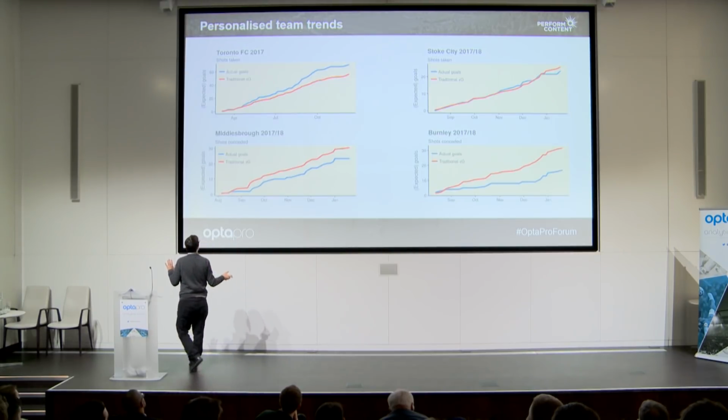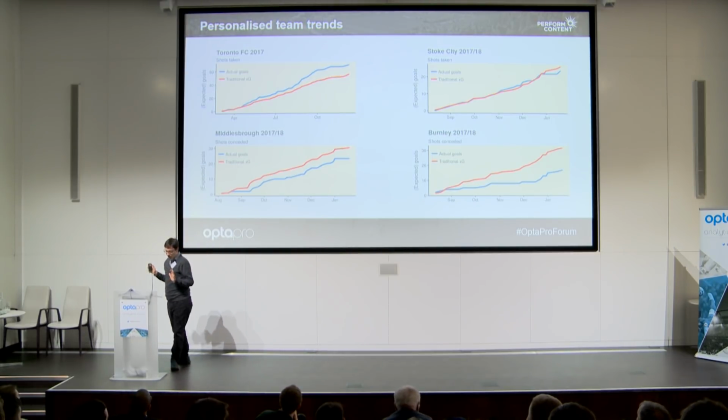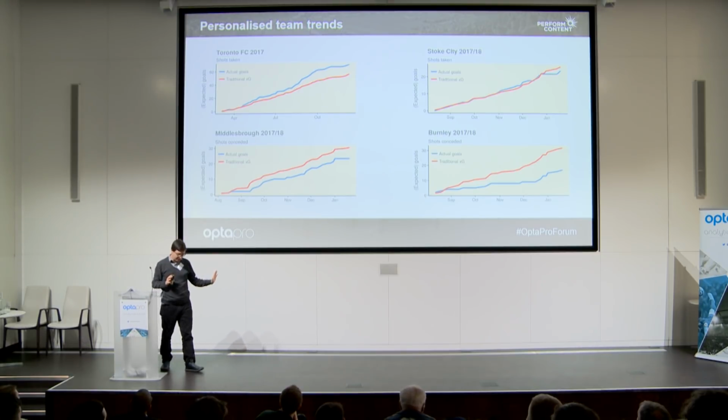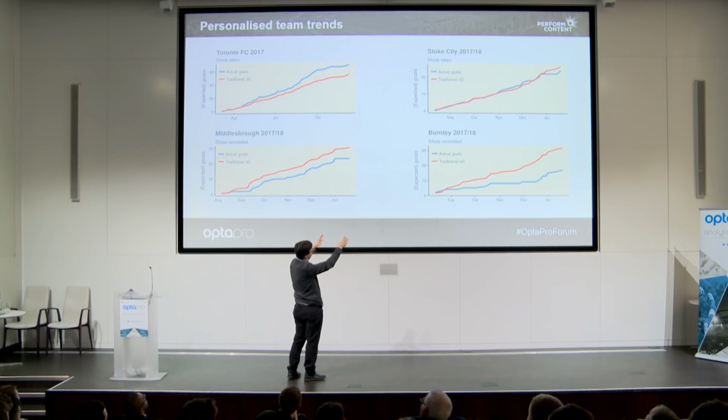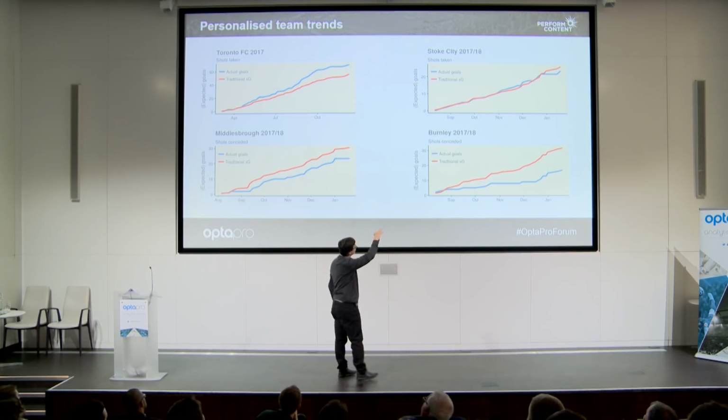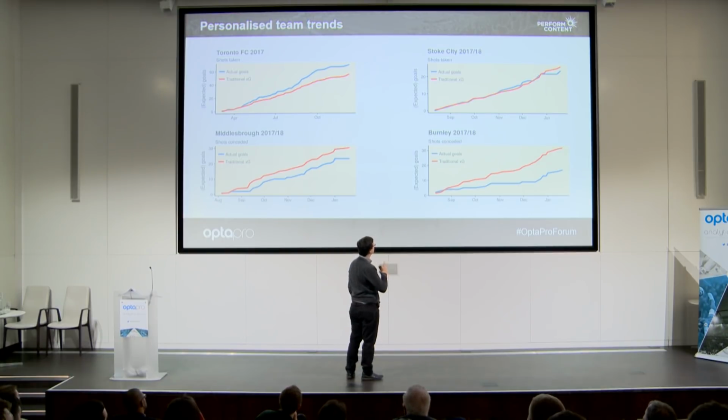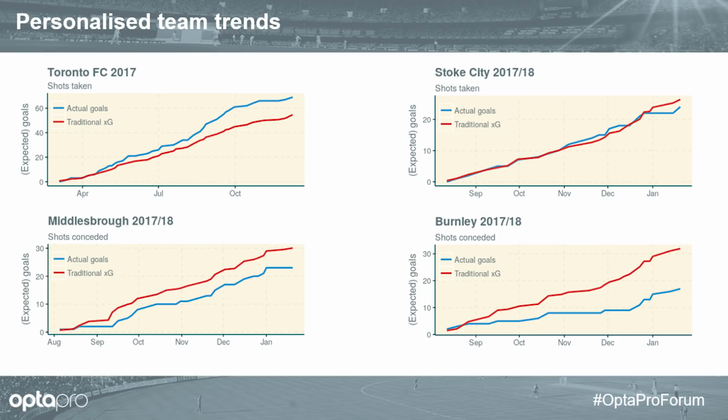Okay, so finally, let's go back to the team analysis. This is the slide I showed you first, and I talked about how Toronto have overperformed, how Stoke were fine, and they weren't fine, but they were kind of tracking actual and underlying performance, and how Burnley and Middlesbrough break the traditional expected goals models.